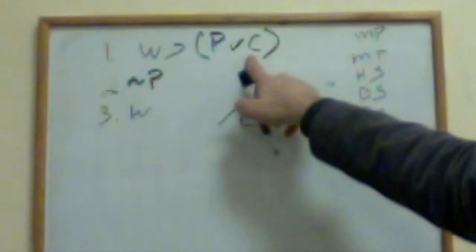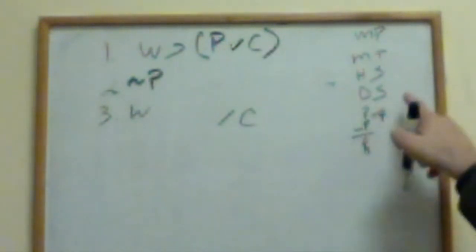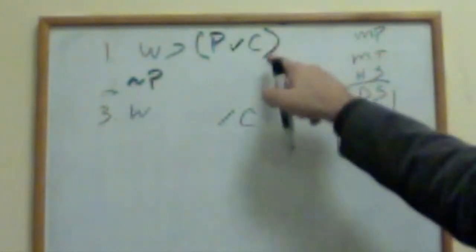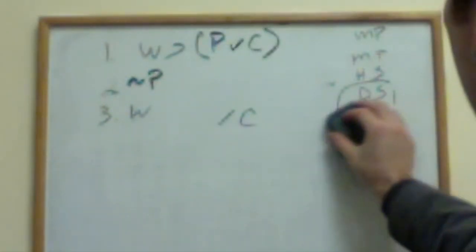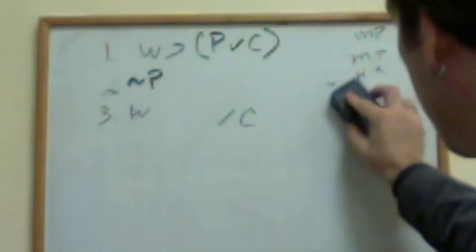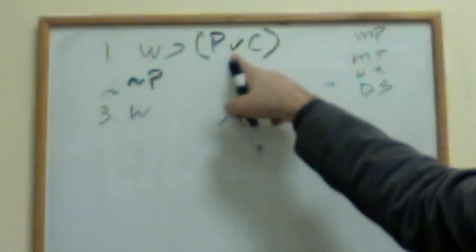So we have C here, and we have P. If we had tilde P, we could use disjunctive syllogism and get the C. So there's a tilde P right there. So that's nice. That's something we want to pay attention to, that we have the tilde P right there. Okay. But we have to get this on a line by itself.